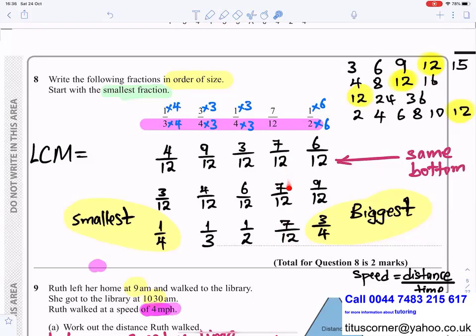The last one, 9 over 12, is 3 over 4. So the smallest is 1 over 4, and the biggest is 3 over 4. You put them in the order.